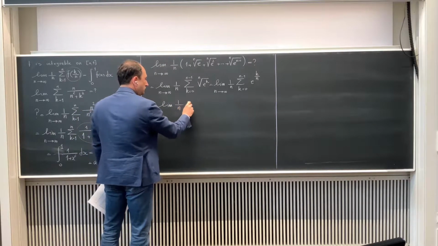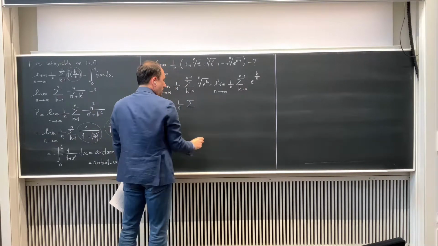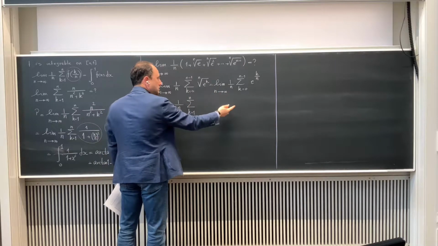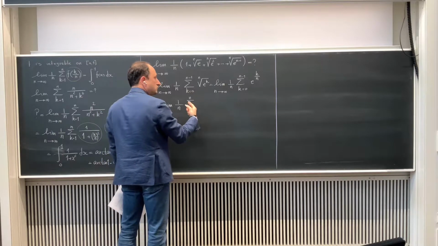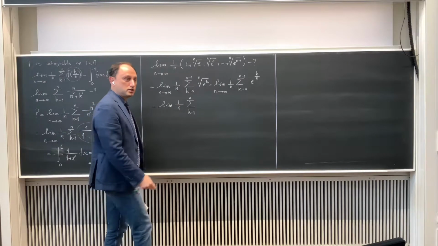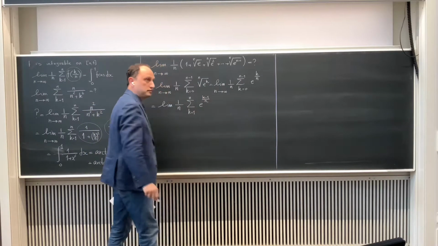I would write 1 over n, and I add 1 unit to the limits. I start from 1 up to n rather than 0 to n minus 1. But the price I have to pay is to subtract 1 unit from the counter inside the sigma. So this becomes e to the power of k minus 1 over n.